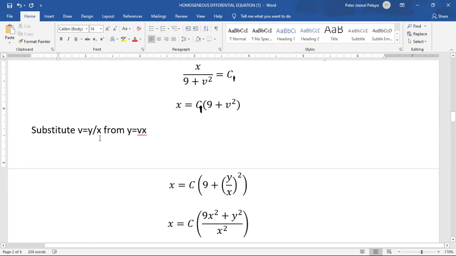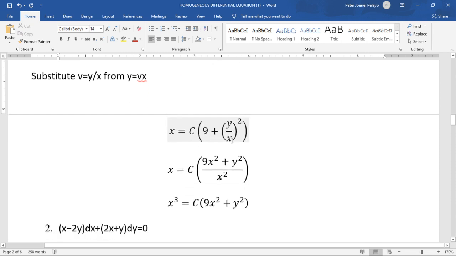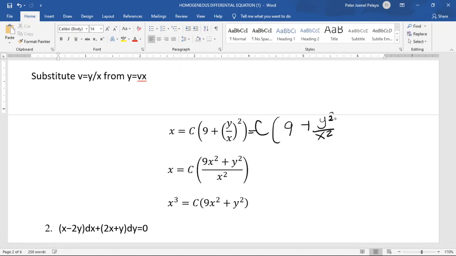So, we just substitute. We plug in y over x here. It becomes c times the quantity 9 plus y squared over x squared, which is y squared over x squared, equal to c1, since we used c1, times the quantity with common denominator of x squared, which becomes 9x squared plus y squared.